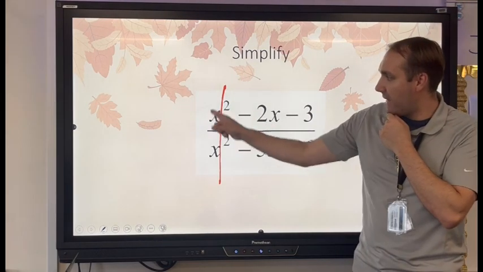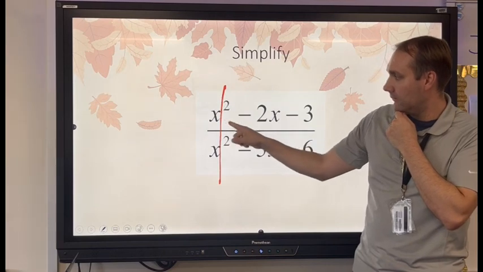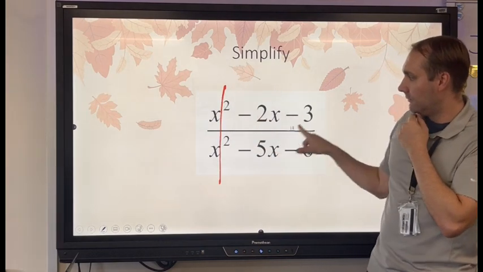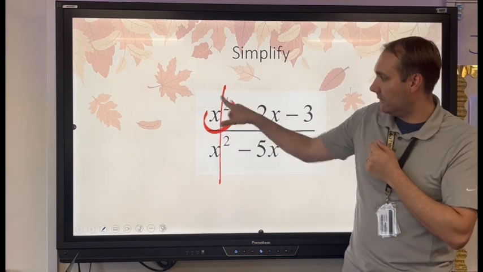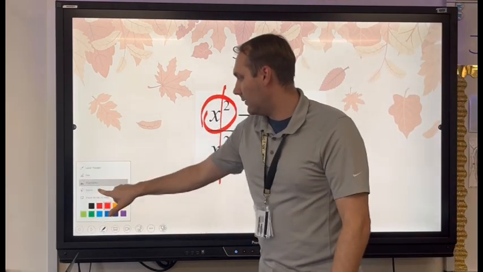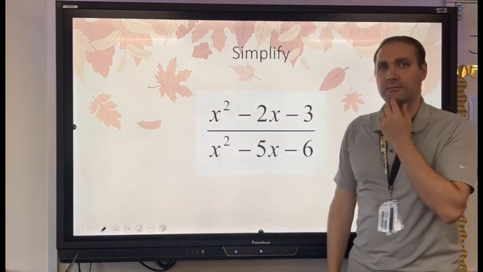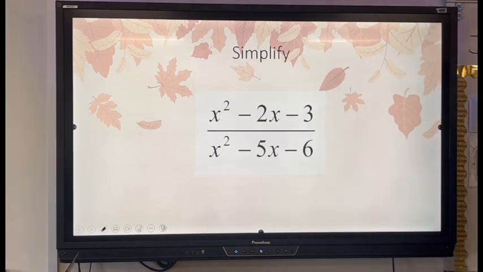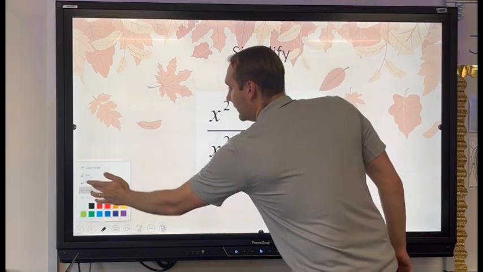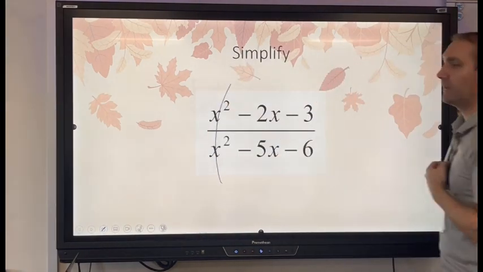Is there anything bound to this x squared? No. What about this piece? Is this piece separate from this? No, this is one of the most confusing things I see when students work these out. They think they can do this, but they cannot.